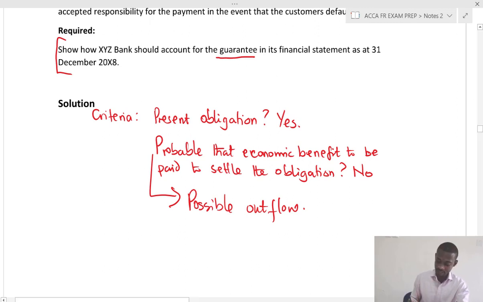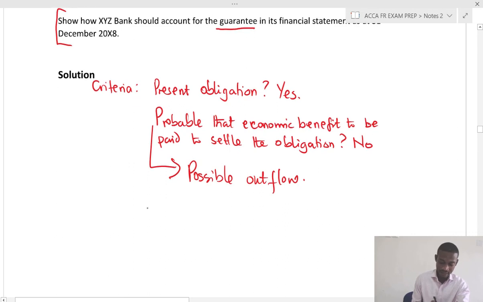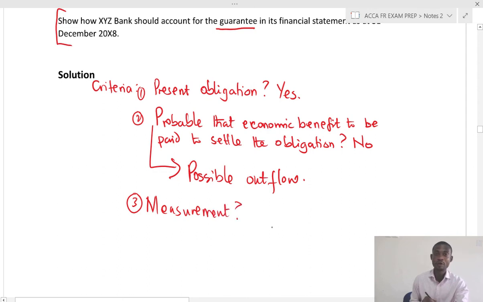Now, the third point, which is the criteria, is the measurement. So we have 1, 2, 3. Measurement. We know how much, and the amount is 12.1 million.